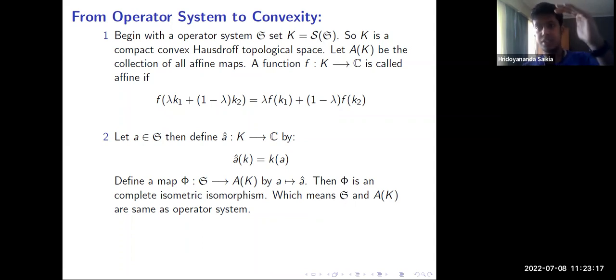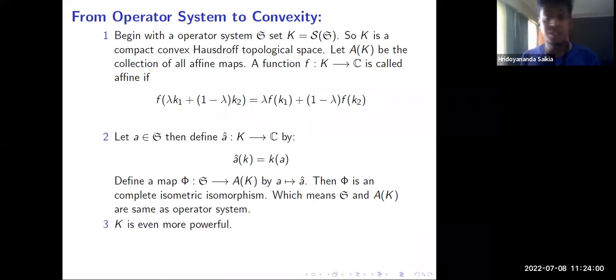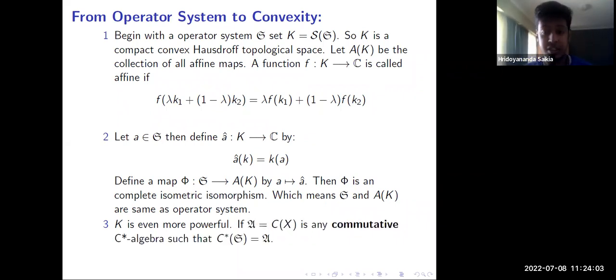You see, I have started with a very abstract kind of operator system, and now we have a very concrete operator system of all affine functions on a given convex K. Now I have all the technologies of convexity to discuss the properties of A(K) and deduce some relevant properties in S. So if we want to study the operator system, it is enough to study the set of all affine functions on a convex K. I mean, K is even more powerful in the context of C-star algebras. So I will discuss that thing.